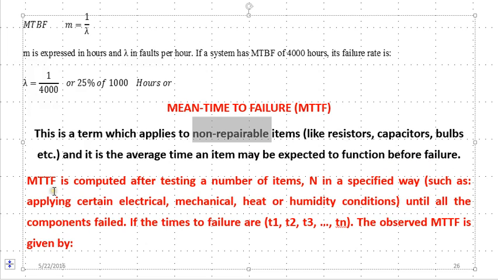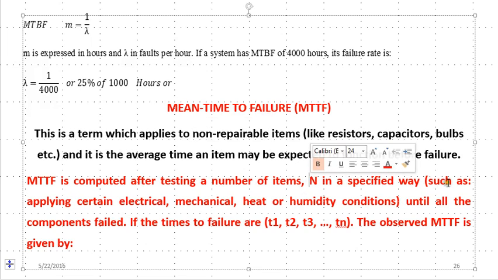This mean time to failure is computed after testing a number of items n in a specified way, such as applying certain electrical signals, voltage, current, frequency, mechanical vibrations, certain heat, certain humidity conditions. When it is tested until all these components have failed, then if we assume T1 is the time for the failure of the first item, T2 the second item, T3 the third item, up to Tn.